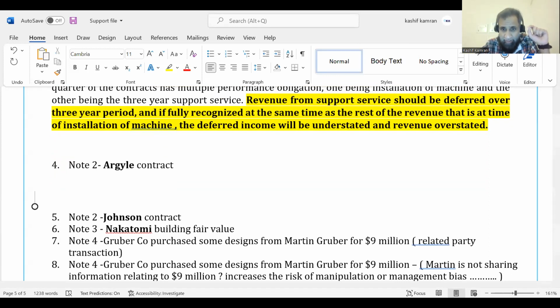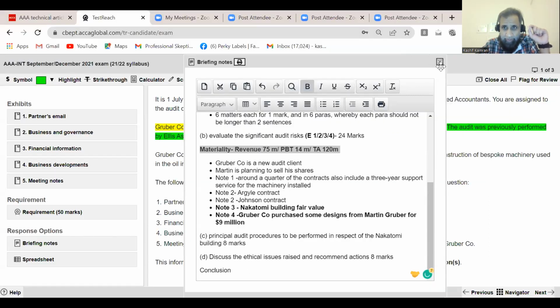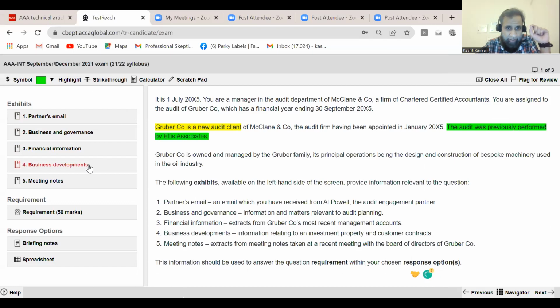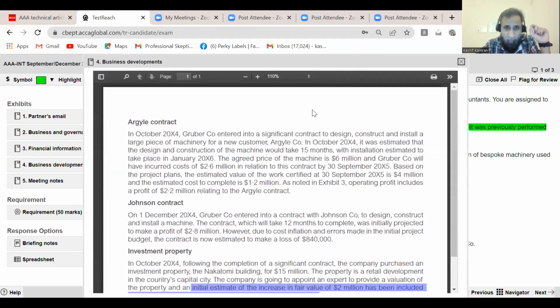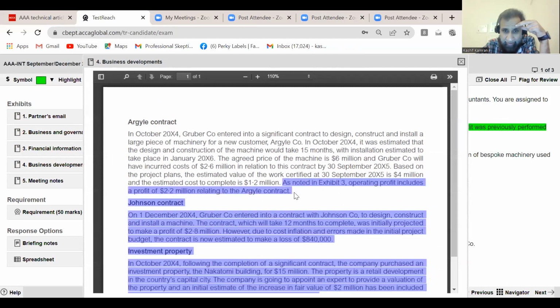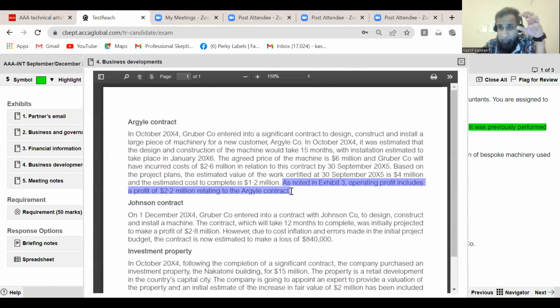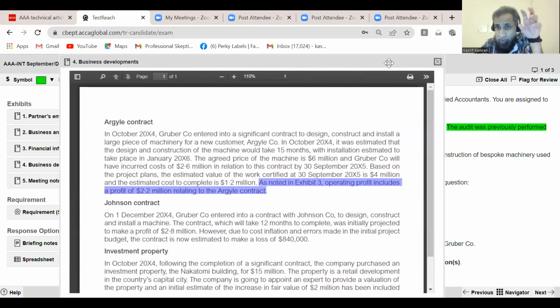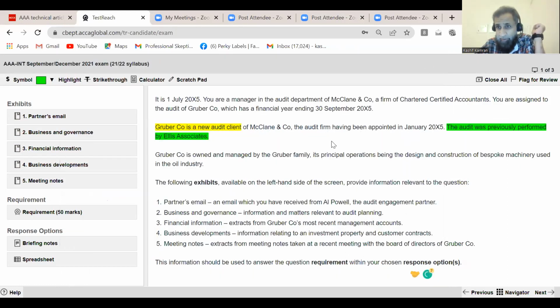If I take you back to the platform, in the Ergel contract, which was exhibit number 4, the company has recognized a profit of 2.2 million, right? Right here, so we have a value. If we have a value, we can find the materiality. So this is the first time we're coming across a situation where calculating materiality is possible.